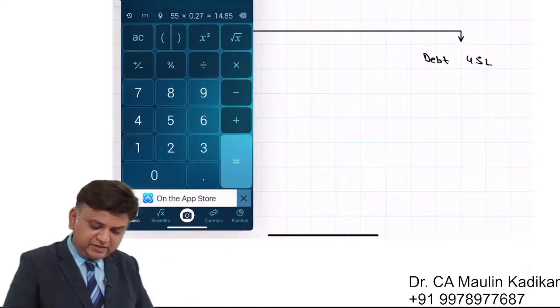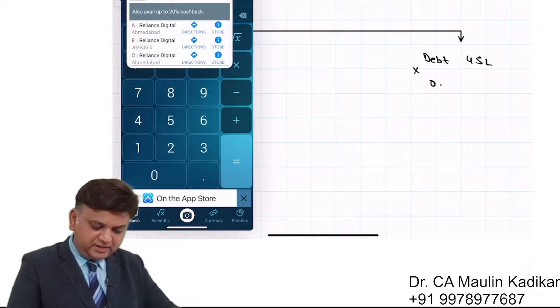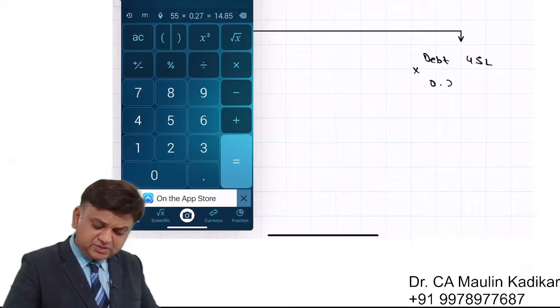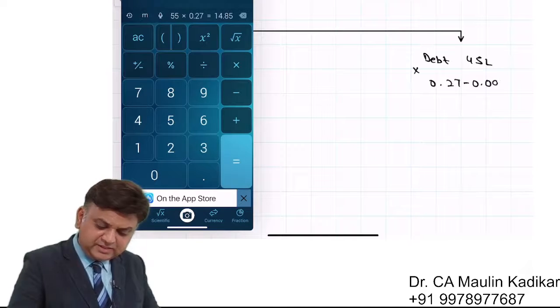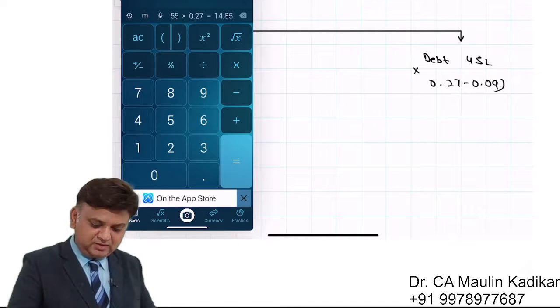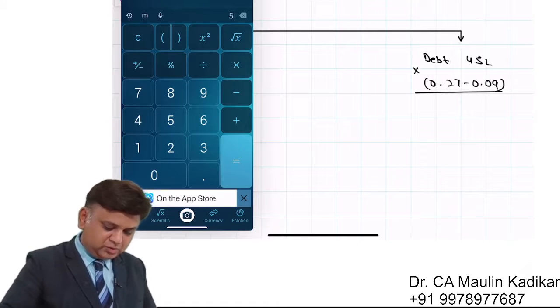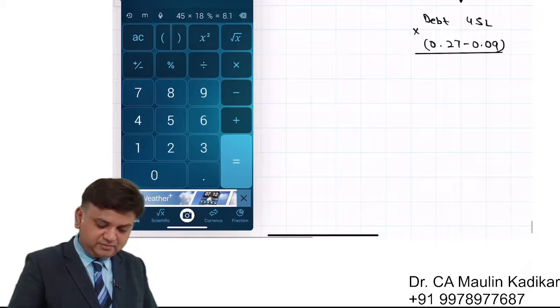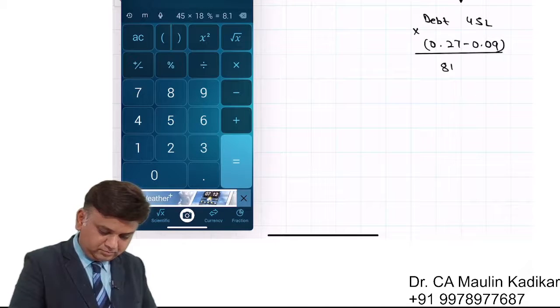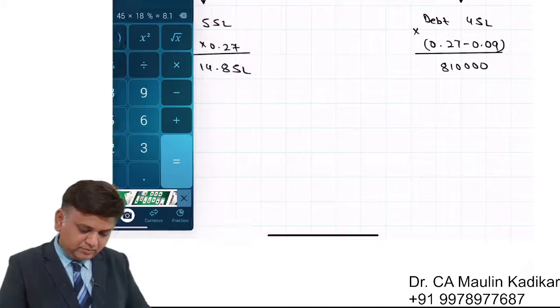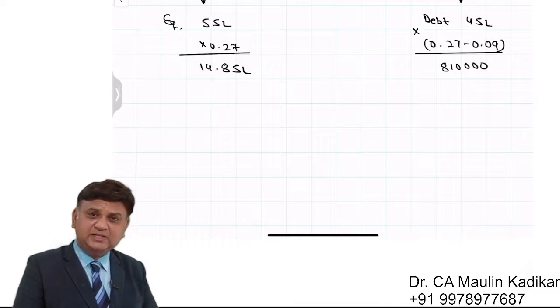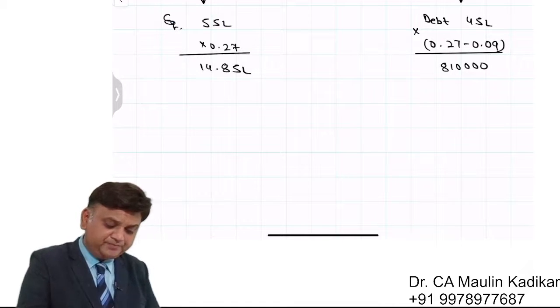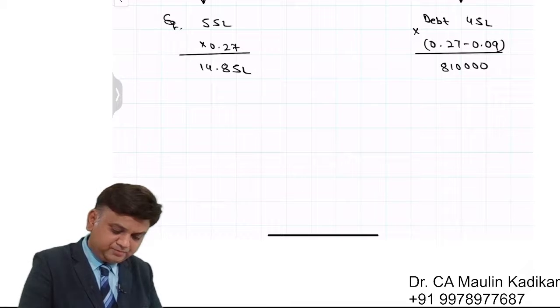For the debt financing of 45 lakhs, we earn at the rate of again 27 percentage, but the cost of debt financing is only 9. So we earn excess by 18 percentage. So 45 lakhs into 18 percentage comes to 8 lakh 10,000. This 8 lakh 10,000 is the additional earning that the equity shareholders have.